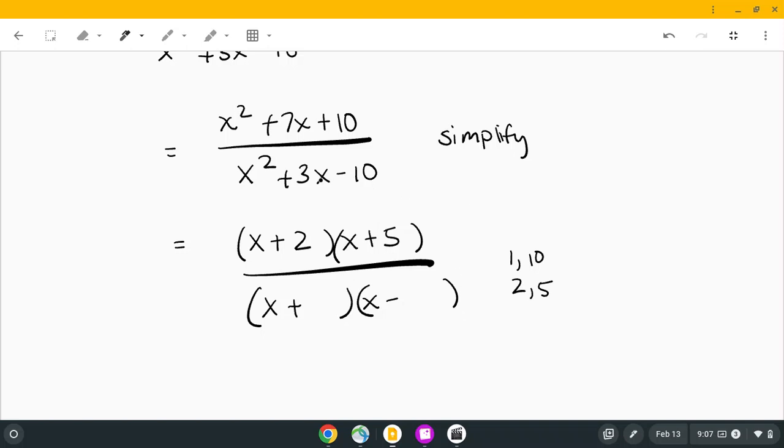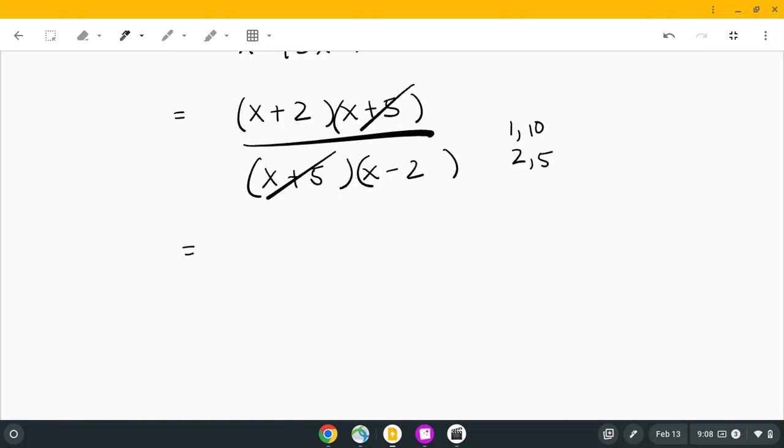Okay, so I want to get positive 3 for the middle. So it looks like it's going to be 2 and 5. And in order for me to get positive 3, the 5 has to be positive and the 2 has to be negative. Okay. And then here, I see x plus 5's cancel out. And we get x plus 2 over x minus 2, and that would be the final answer.